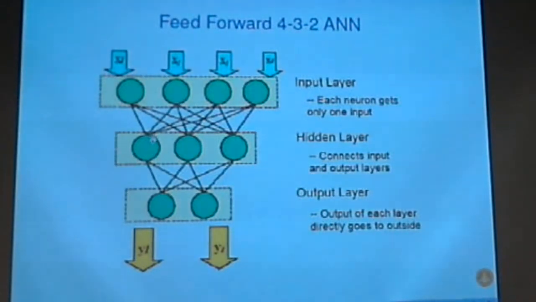There's no connection between nodes within layers. And then here we have the output layer, so the output of each node directly goes outside. It's called 432 because we have 4 nodes in the input, not including the constant, 3 nodes in the hidden layer, and 2 in the output.